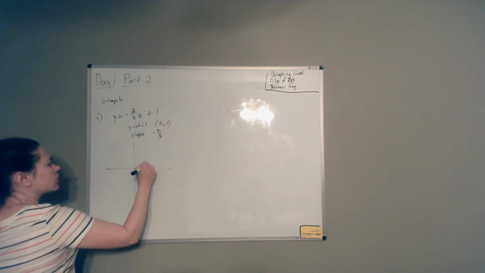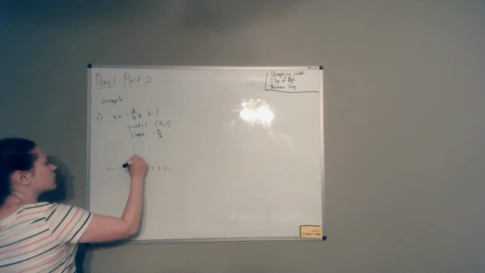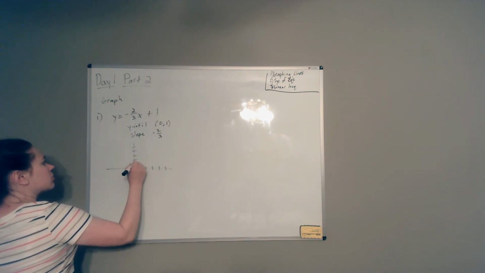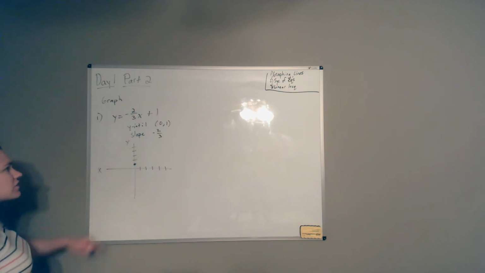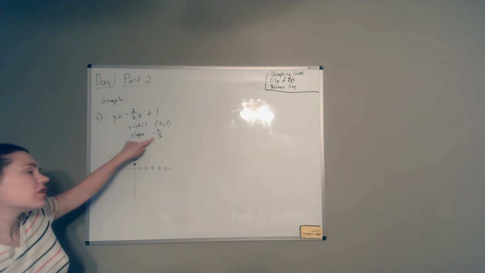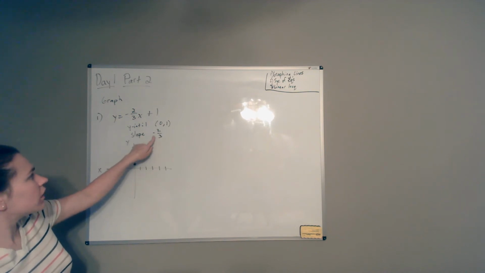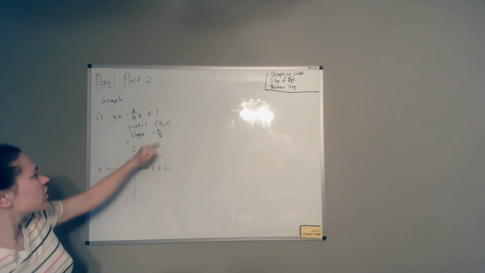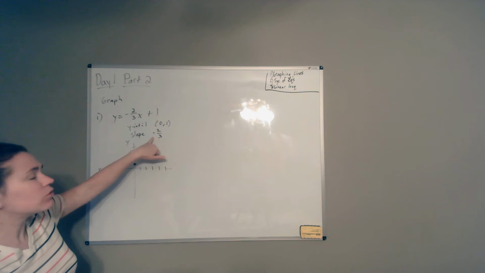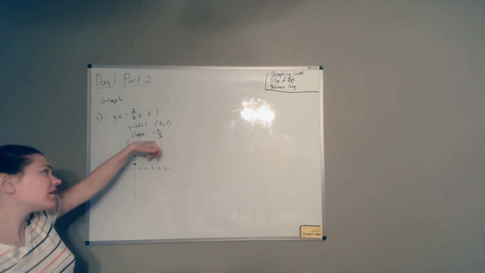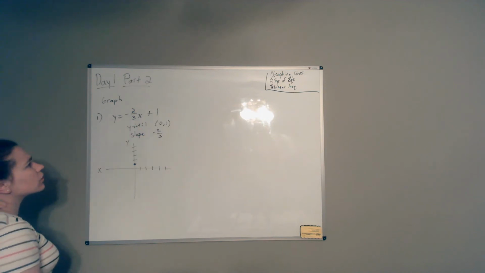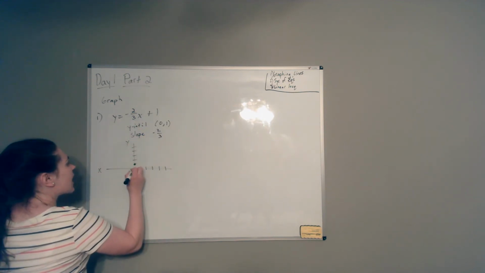So plot the y-intercept. Okay, this is the x-axis, this is the y-axis. This slope means for every one increase in x, we're moving down 2/3. But if you want to plot a nice point that's not going to be fractions, okay, we can move down 2, so move down 2.